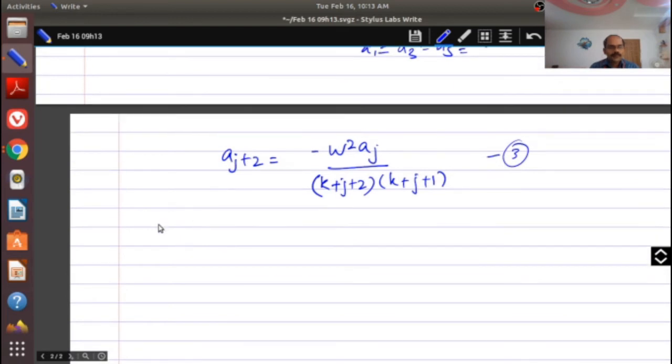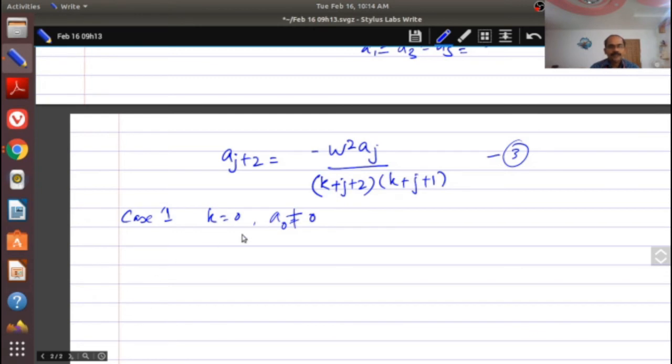We will put the case 1. Case 1, k equal to 0, which is from the initial equation. Okay, k is equal to 0, and a0 is not equal to 0.